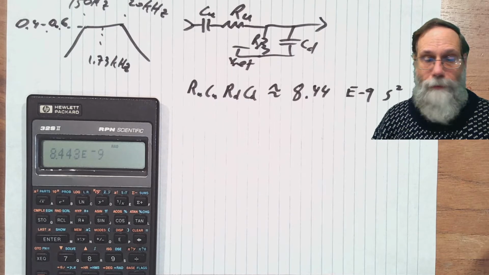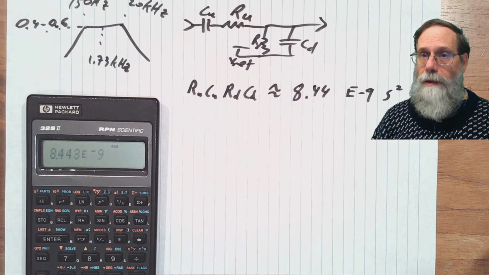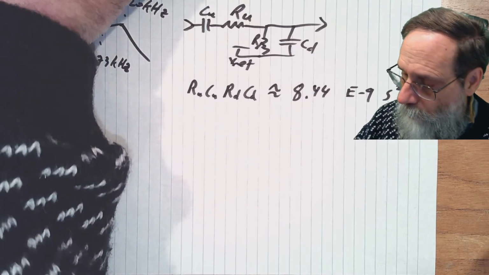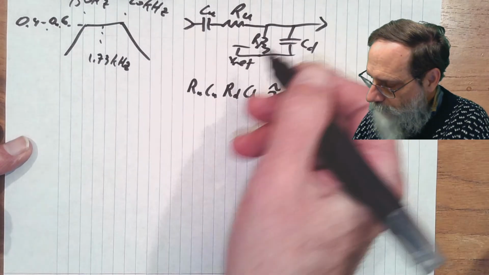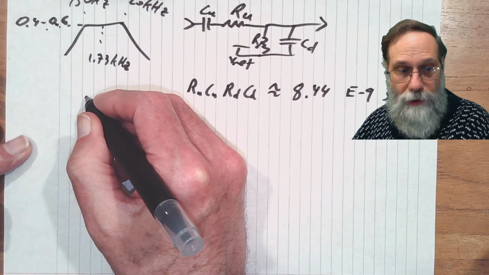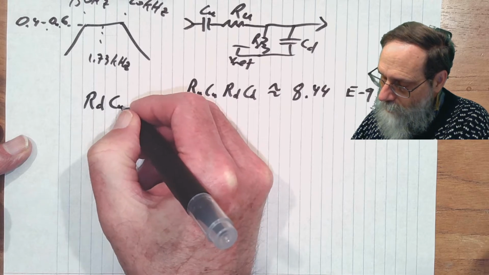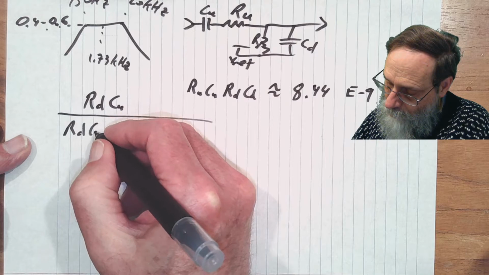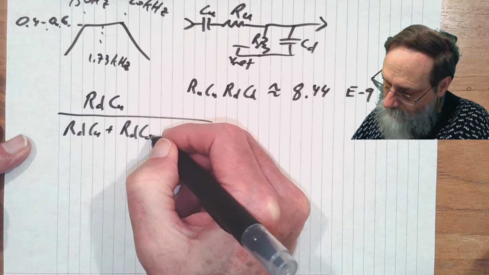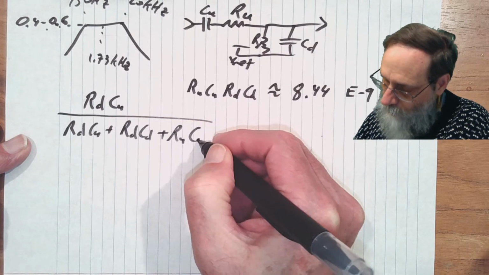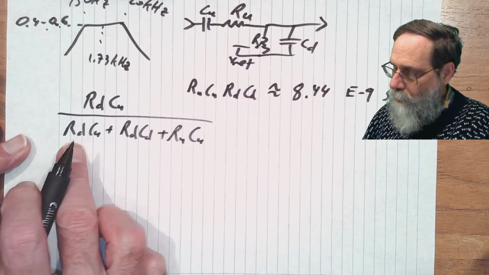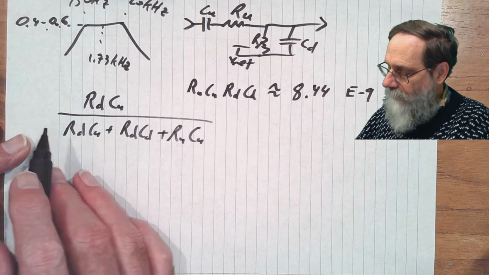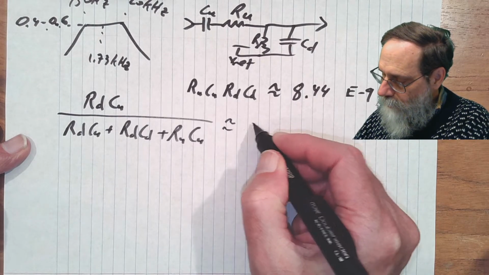But now we want to set the overall gain to be about a half. We had a formula for the gain of a passive bandpass filter like this, and it was RDCU divided by RDCU plus RDCD plus RUCU. So the two time constants in this cross one, which is RD and CU, that's going to have to be about 0.5.